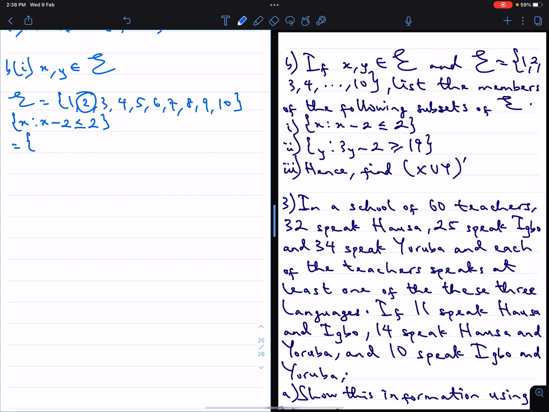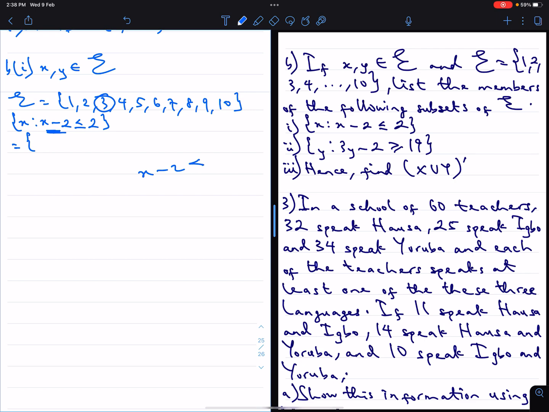We go to 2. 2 minus 2 is 0. 0 is less than 2. It satisfies this condition, but it is not a member of the universal set. So that means 0 cannot be an element of X. We go to 3. 3 minus 2 is 1. I'm checking x minus 2.